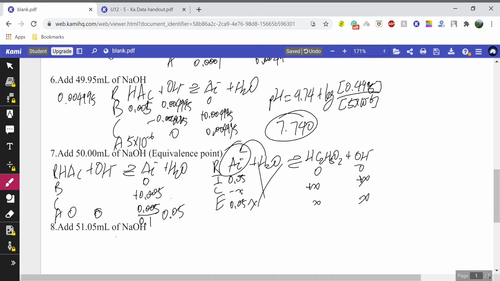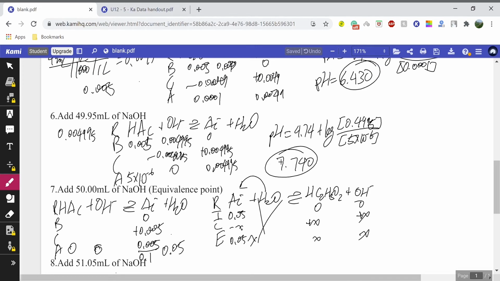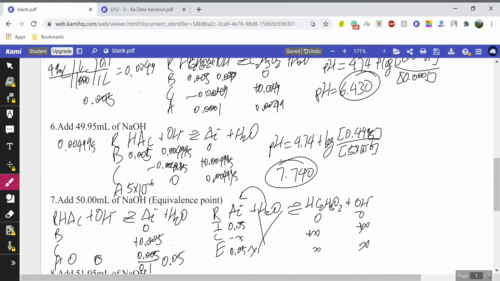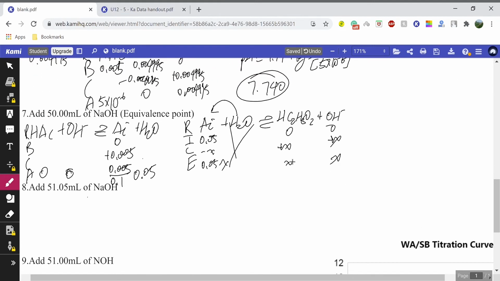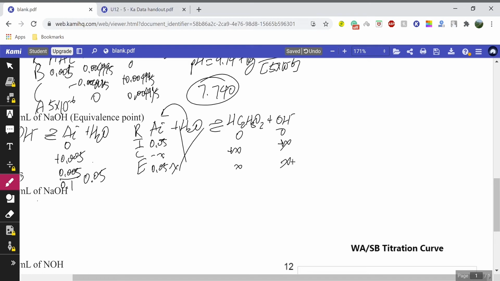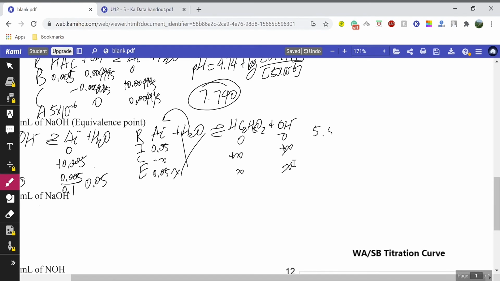Now, we need to use the Kb of AC minus. So what is Kb? We're going to use 1.0 e to the negative 14th divided by our Ka, which is 1.8 times 10 to the negative 5th, which will give you 5.56 times 10 to the negative 10th power is equal to x squared divided by 0.05.